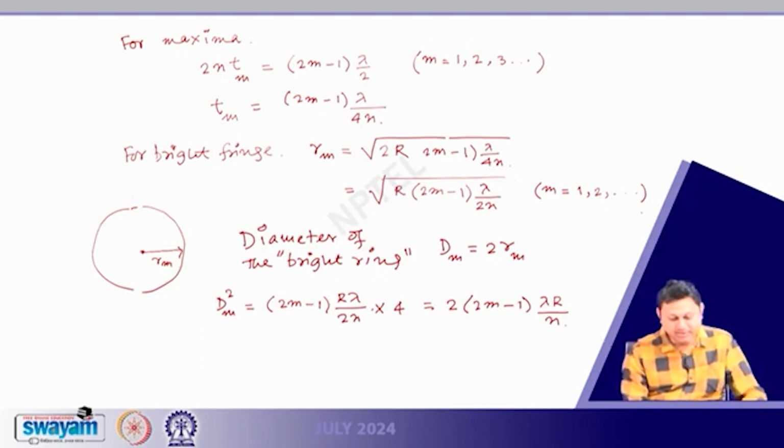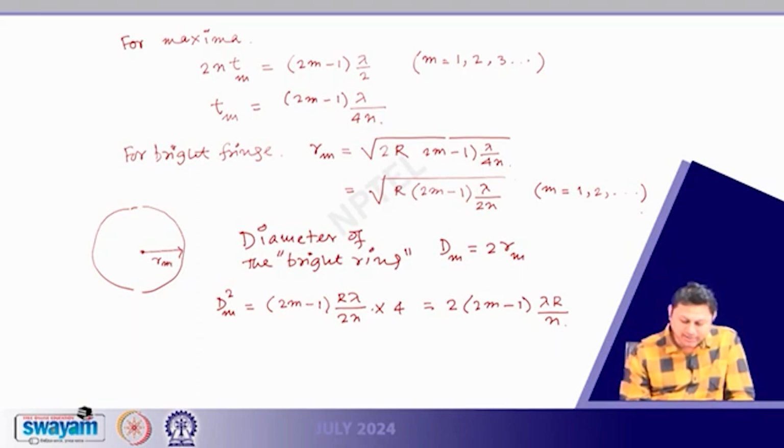So over the distance, the width of the ring is going to be affected by this. So it is not the same for all the rings.